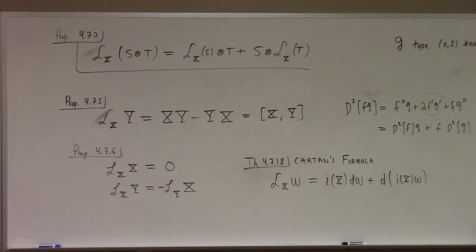And so you could ask questions like, what would it mean for the Lie derivative with respect to X of the metric tensor to be 0? What would that say about the vector field X?